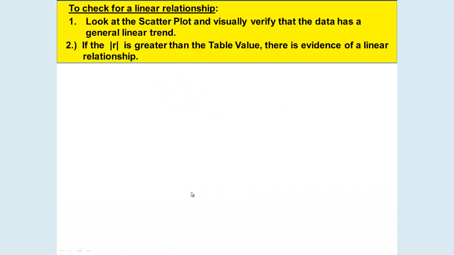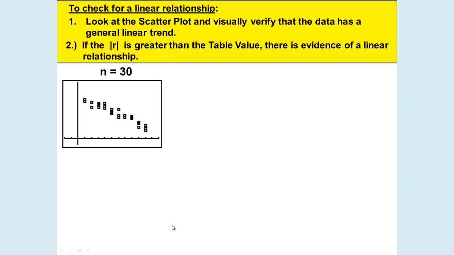We're ready for our example, and our 2 steps are at the top of the page to remind us. To start, we have 30 data points, graphed and shown on our screen with a screenshot from our TI-83 calculator. The details on how to do this are on another video.